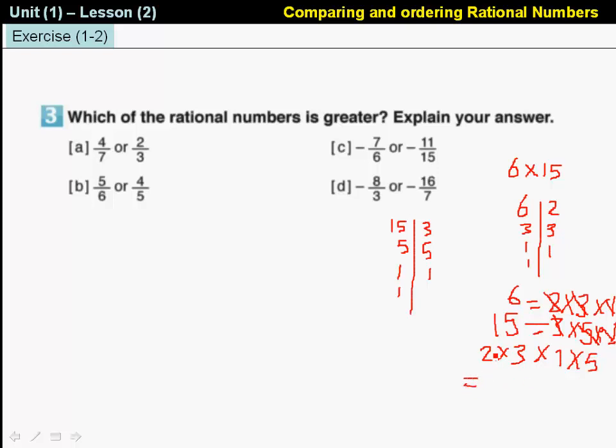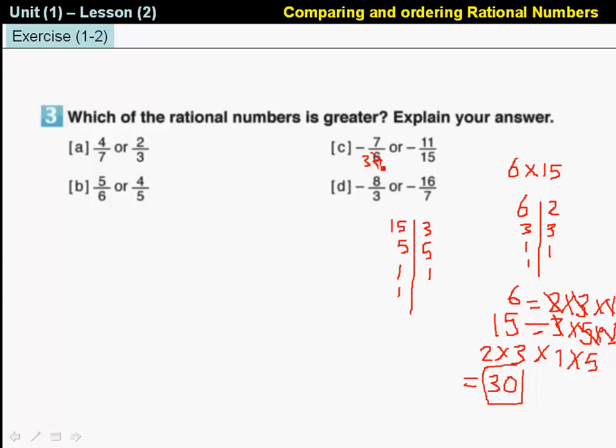So 2 times 3 is 6, 6 times 5 is 30. The denominator will be 30 for this one.